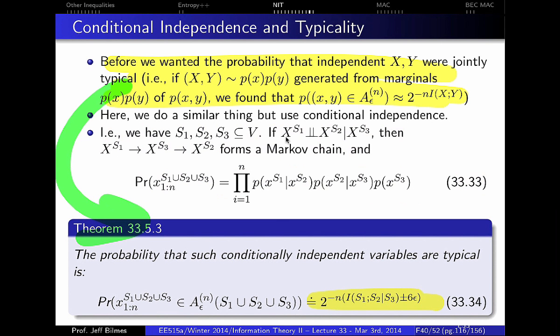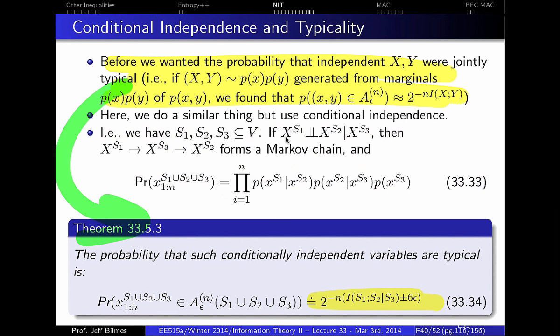So for example, if we set S3 to be equal to the empty set, then we'd get S1 and S2 being marginally independent. These are drawn independently from the probability of S1 and the probability of S2. Here we're generalizing it a little bit by saying it's conditionally independent.